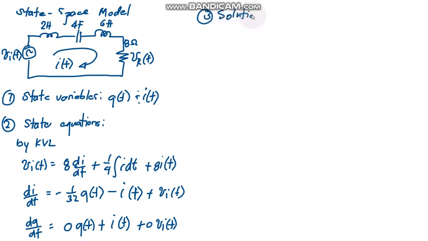Now writing the simultaneous equations, let's have the solution of two simultaneous equations, and we're going to write that in vector matrix form.